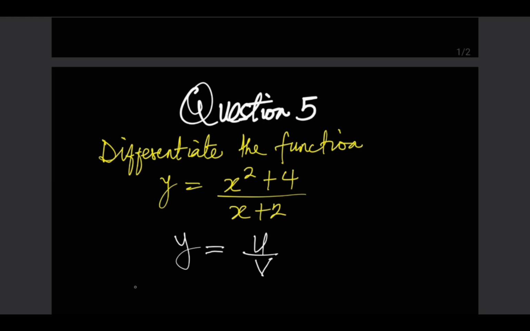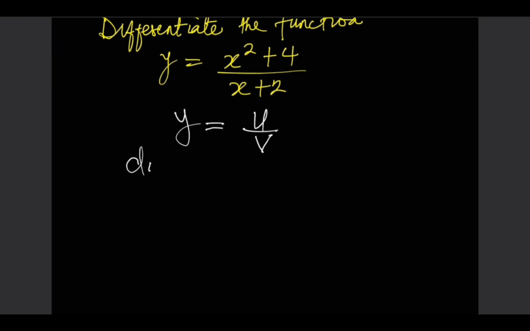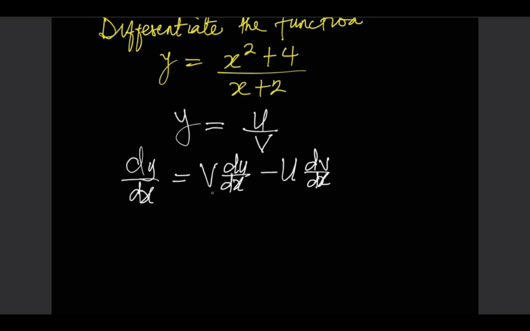to take the derivative of y with respect to x. Keep in mind, we're doing that with respect to x. And that will be equals, keep the v, which is the denominator, constant, and differentiate u with respect to x, and subtract the numerator, which is u, times the derivative of v with respect to x, divided by v squared.